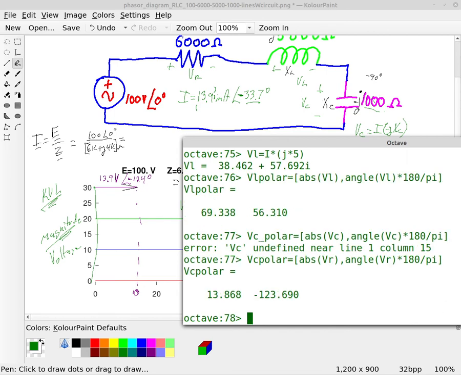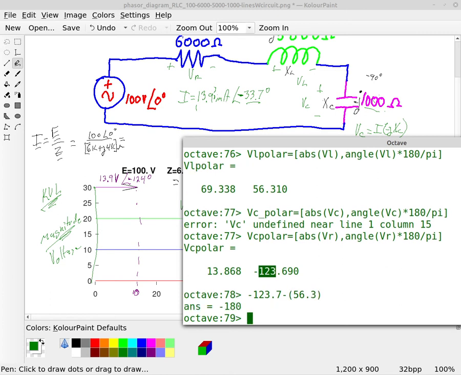So if we look at VC, I just want to point out, if you look at 56.3 and minus 123.7, and we subtract the 56.3, this is a 180 degree phase shift.